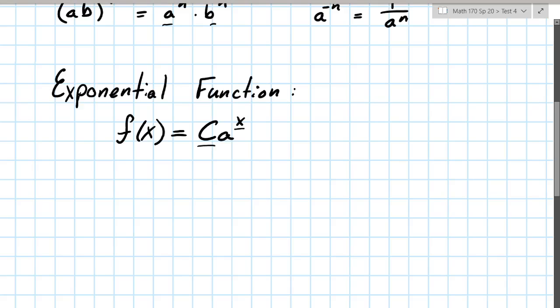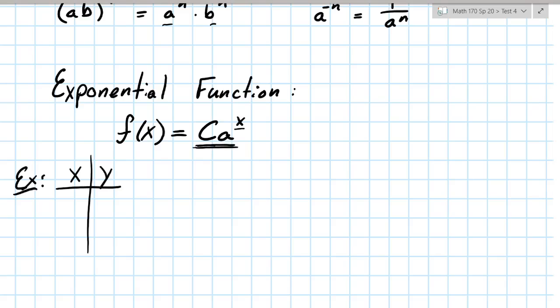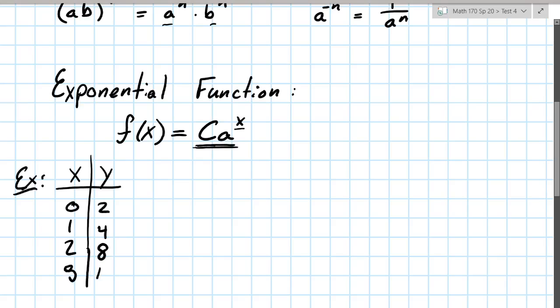So what we look at to identify an exponential function from a table, for example, is a common ratio or a common growth factor. So if I have something like this, what I notice is the change between these is 2 and then 4 and then 6.